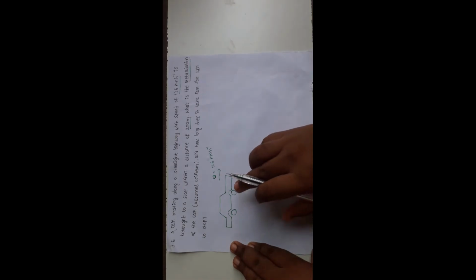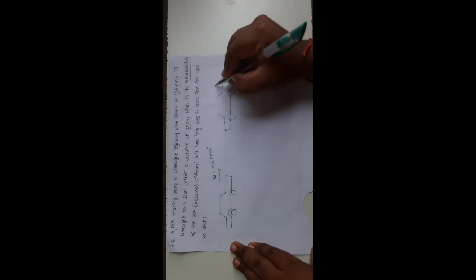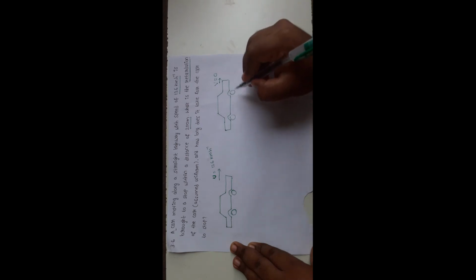When we apply brakes, the car's velocity becomes final velocity v equal to 0, and only then will the car be stopped.